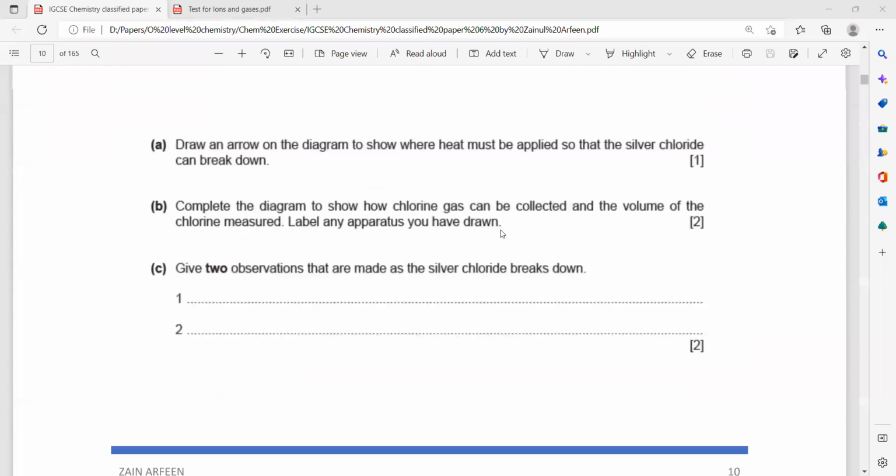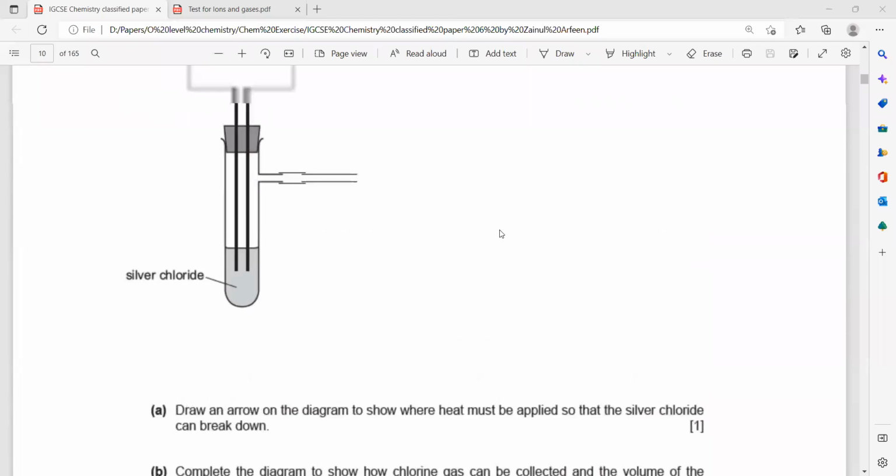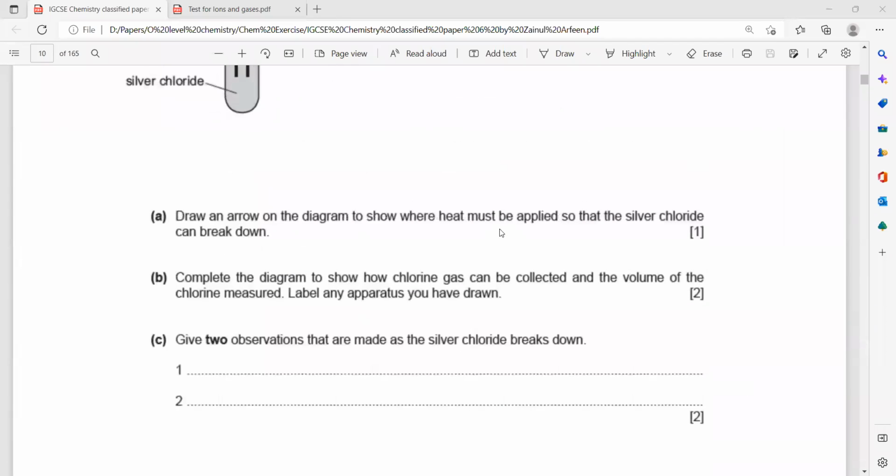The next part, give two observations that are made as silver chloride breaks down. What will we observe? You can use your mic or the chat to state the answer. What will be the observation when the silver chloride is broken down? Shiny solid forms. Shiny solid and yellowish green gas.